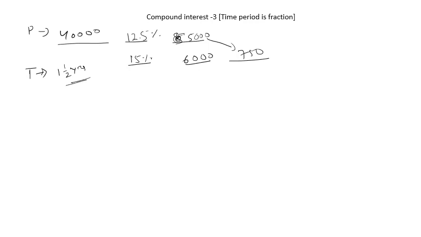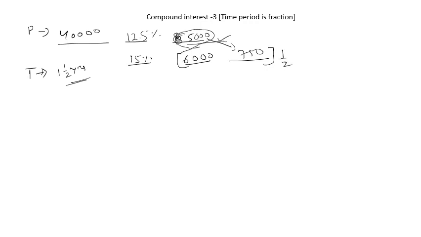Okay, now the time period is 1.5 years. So first year's interest is needed completely, 1 year is complete. But this is second year's interest. Do we need the complete second year's interest? Absolutely not. We need 1.5 years, 1 year complete, and next year only half is needed, isn't it?